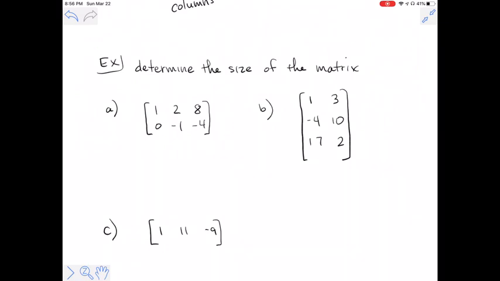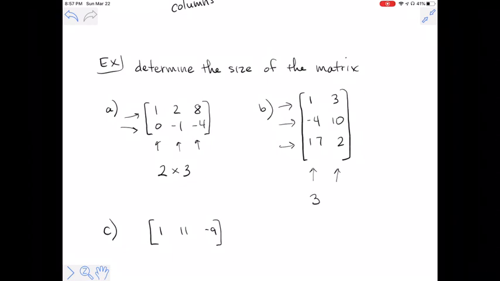So I've got 3 examples here. Part A, you can see there are 2 rows and 3 columns. So we call that one a 2 by 3 matrix. So if you want to pause and try the other 2. Part B is 3 rows and 2 columns.